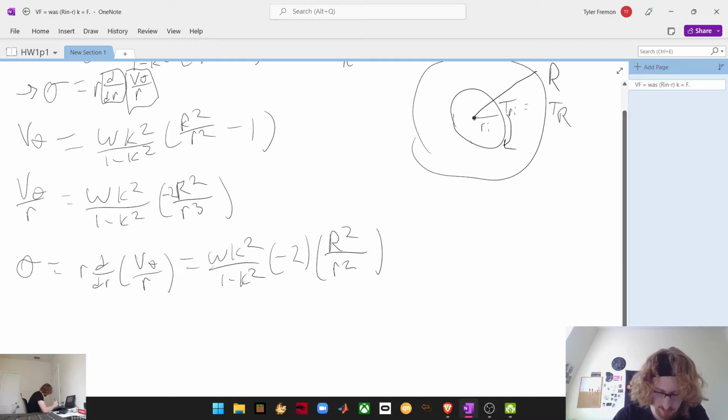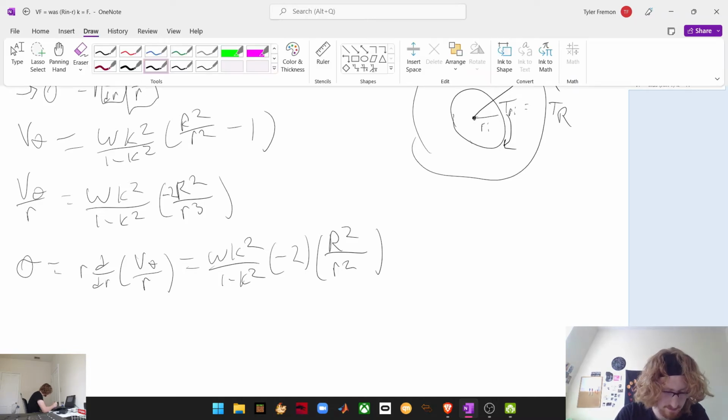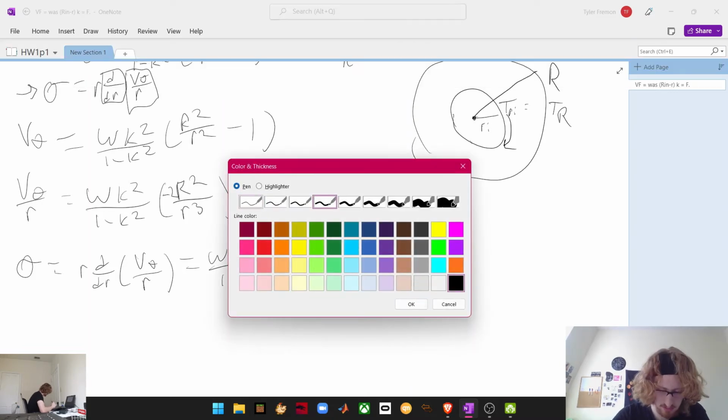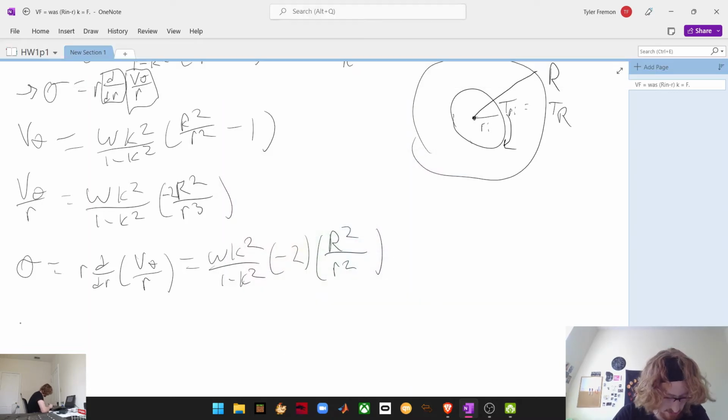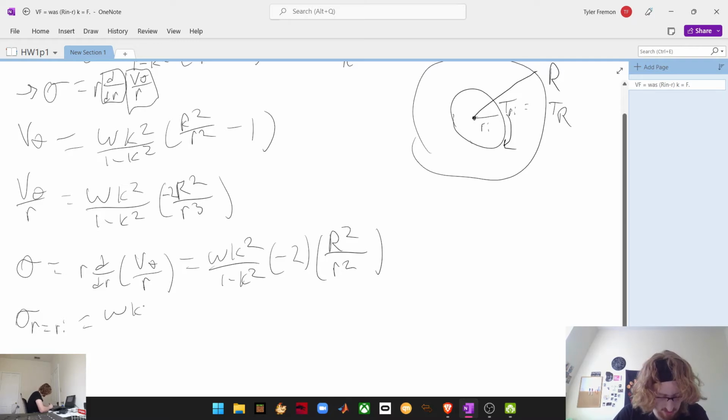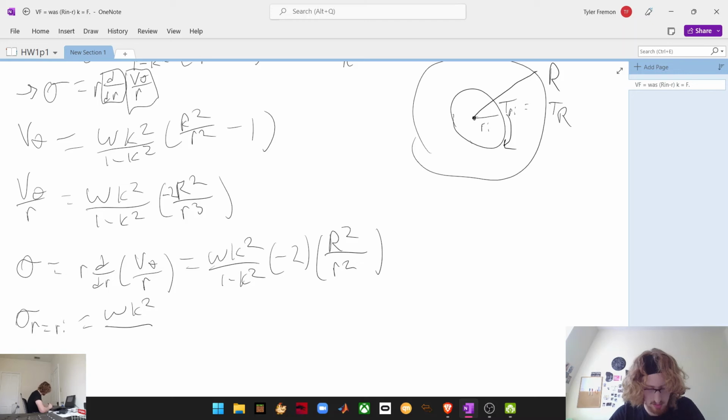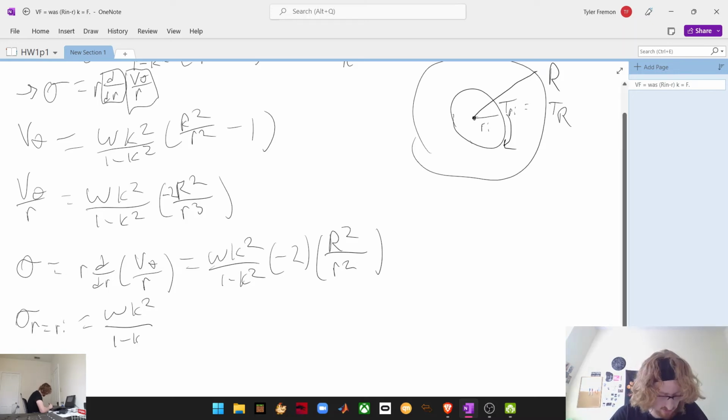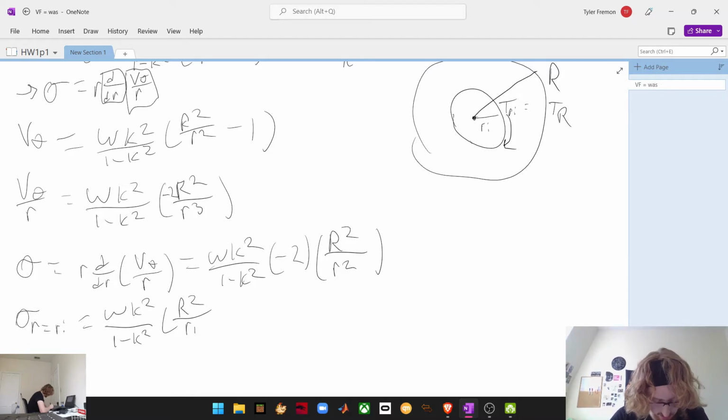All right, so from here, we want to find the shear rate. The shear rate at r equals Ri is going to be equal to omega k squared over 1 minus k squared, and then big R squared over Ri squared.